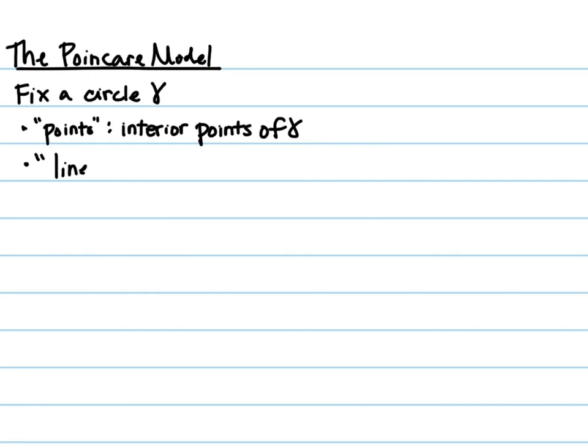Lines, or we'll sometimes call them P-lines, are a little less direct on how we write them. So there are 2 cases. One is open diameters of gamma. We already had that as a line in the Klein model.